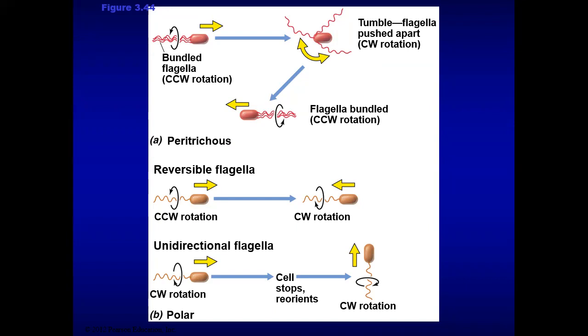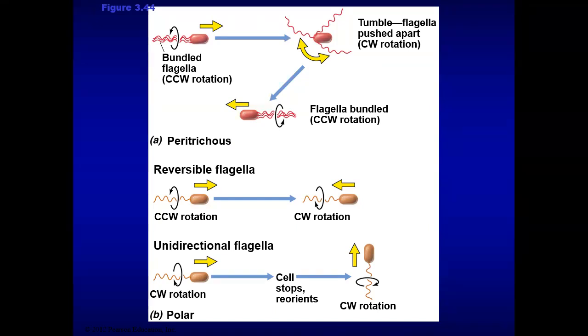Sometimes it's just through getting hit by water molecules that they reorient. And then they'll bundle their flagella and move on. You can see this under the microscope. If you look carefully, you can see them making steady progress, and then all of a sudden they stutter and wiggle in place, and then they start to move off again.